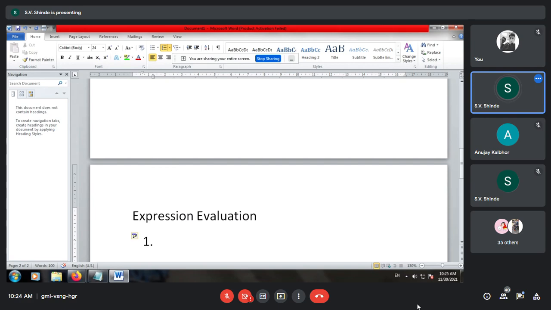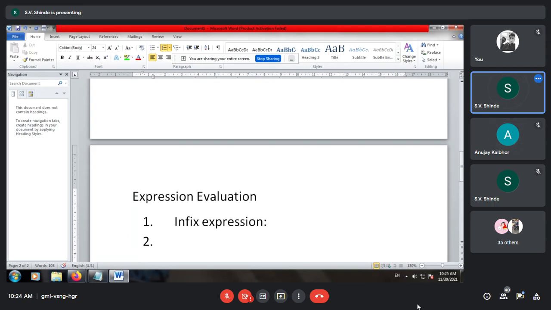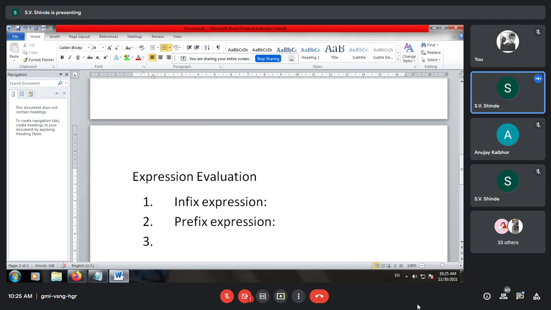One is the infix expression, second is the prefix expression, and last is the postfix expression. Each one has its own importance or significance.